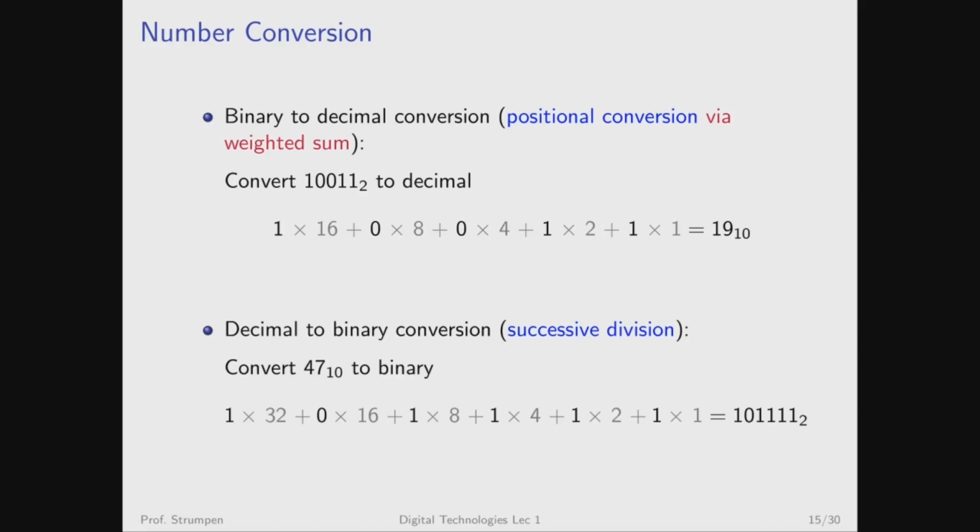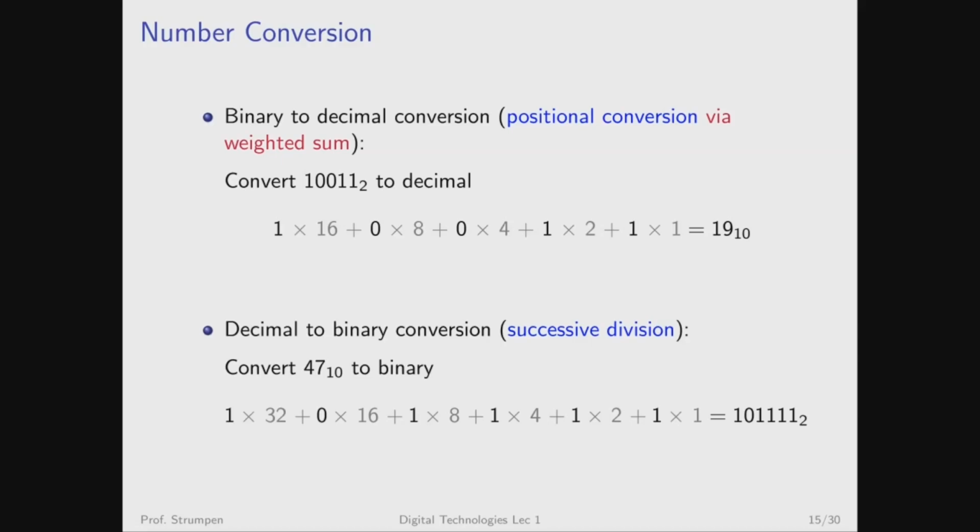64 is larger than 47, so it's not the largest power of 2 that fits into 47, but the next smaller one, 2 to the 5, which is 32, fits, right? 32 is less than or equal to 47.